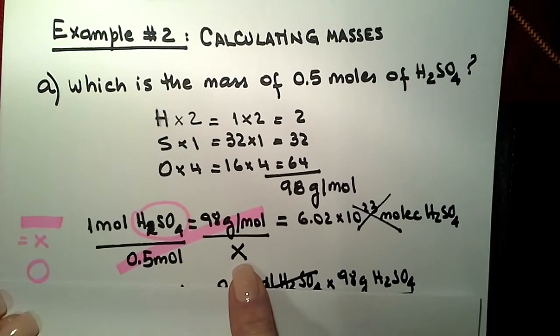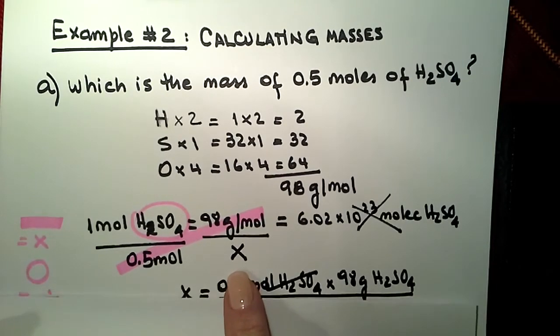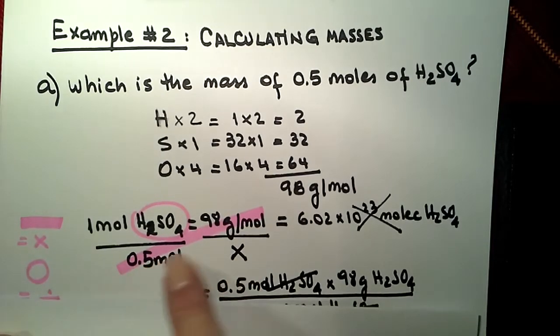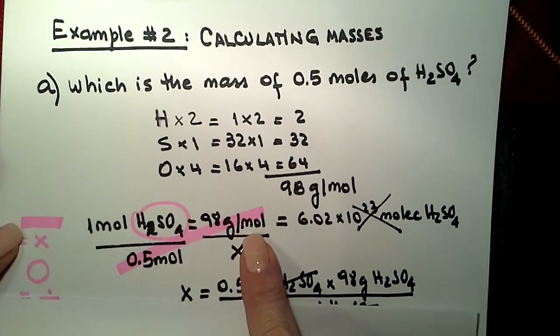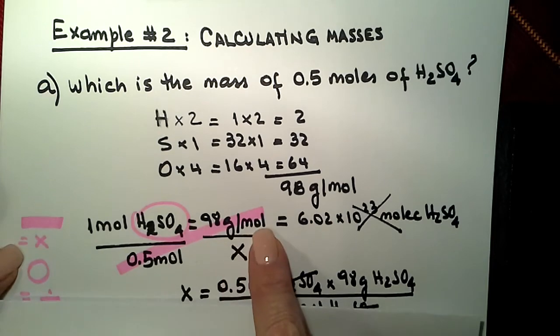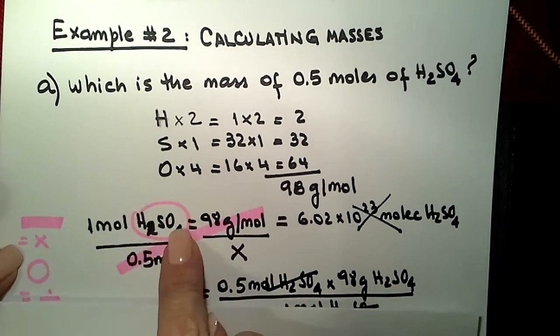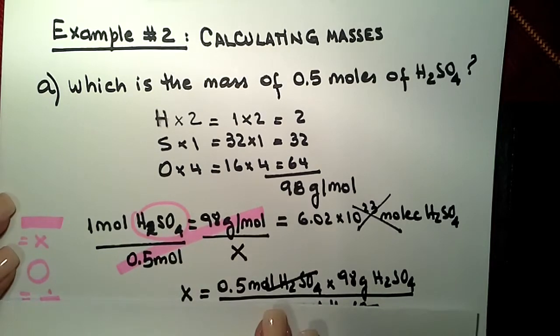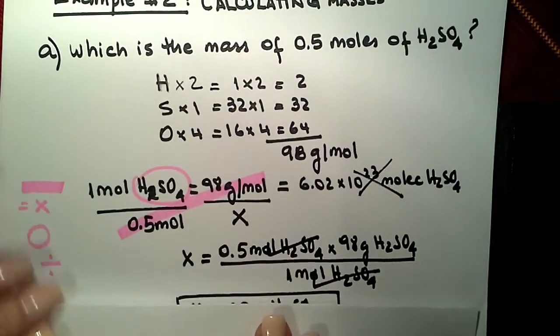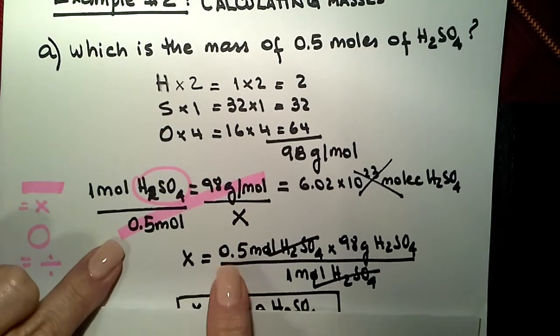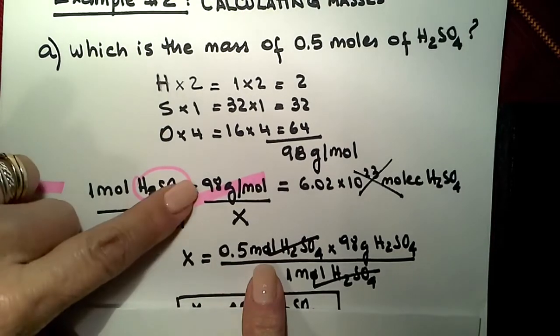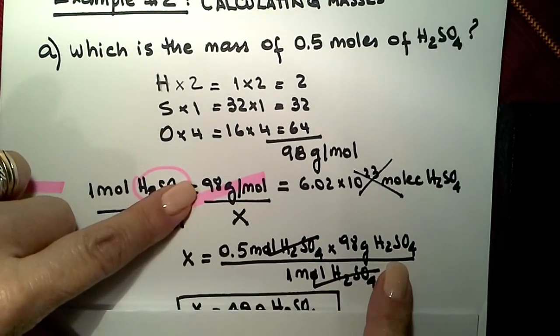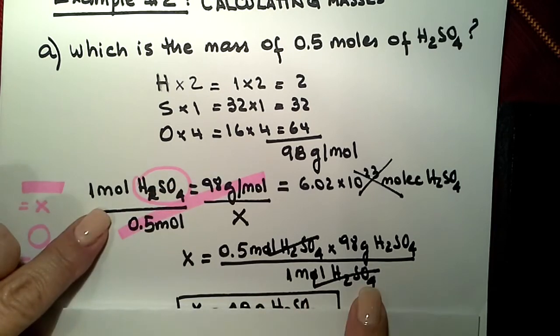Now, if we need to resolve for X, we are going to multiply these 2, and here you have the thick line, which is going to see what we need to calculate, and we are going to divide by, in this case, 1. So my X is going to be 0.5 moles times 98 grams of sulfuric acid divided by 1 mole of sulfuric acid.